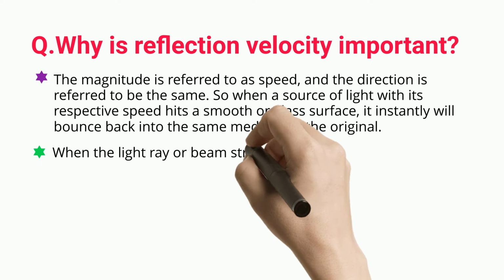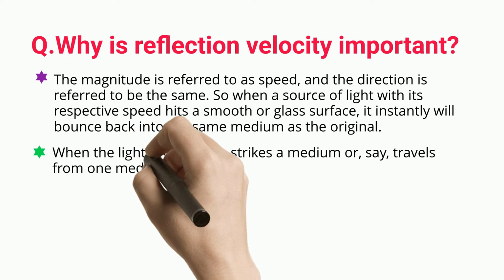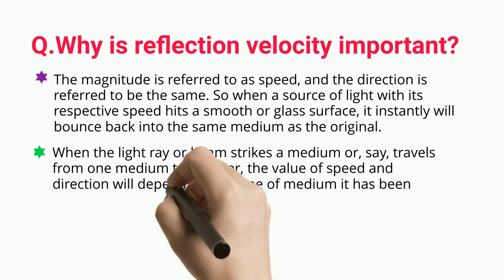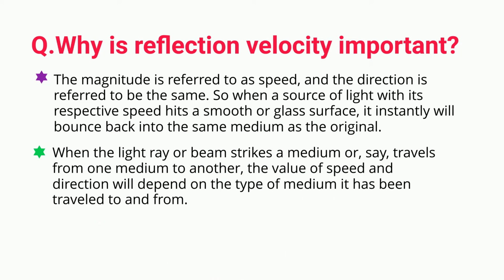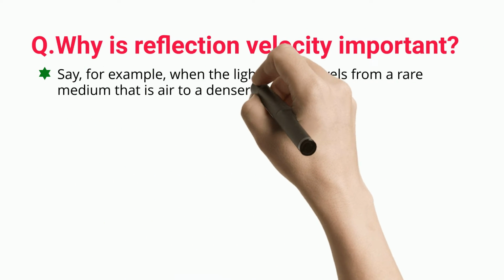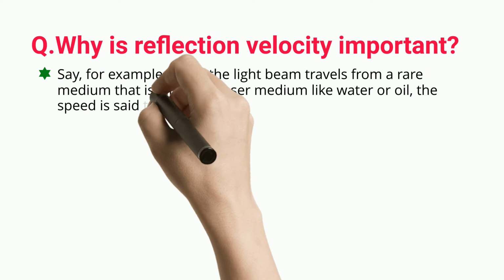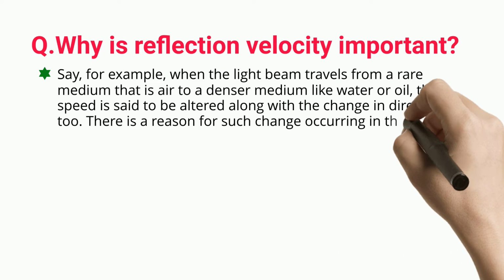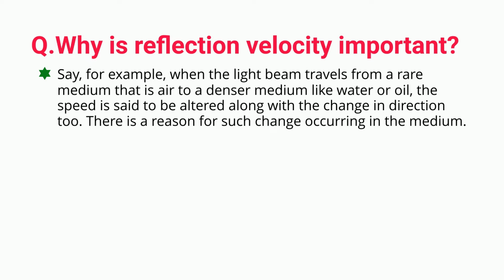When the light ray or beam strikes a medium or travels from one medium to another, the value of speed and direction will depend on the type of medium it has traveled to and from. Say, for example, when the light beam travels from a rarer medium, that is air, to a denser medium like water or oil, the speed is altered along with the change in direction too. There is a reason for such change occurring in the medium.